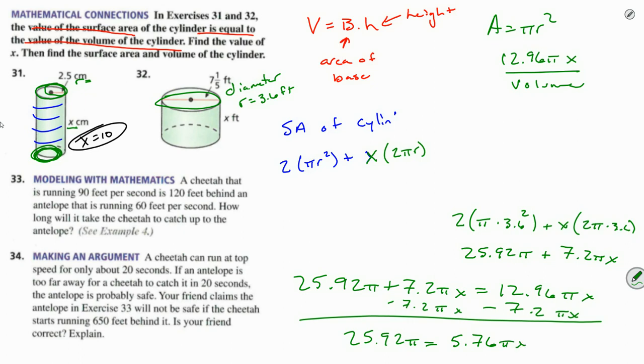If I divide both sides by 5.76 pi, I get a healthy little x equals 4.5. Pretty heavy there, but if you stuck with it, more power to you.